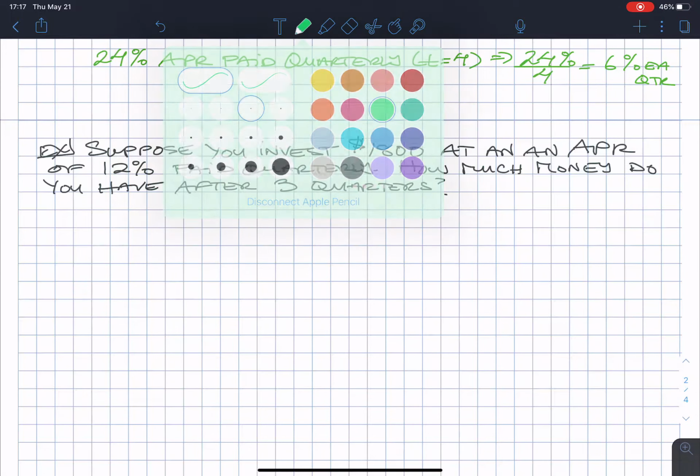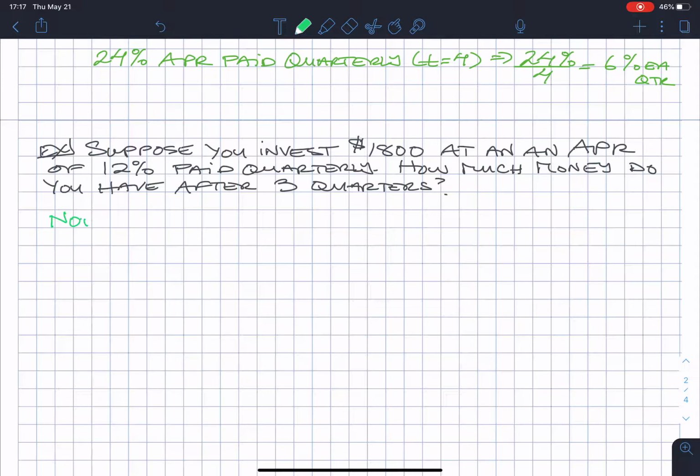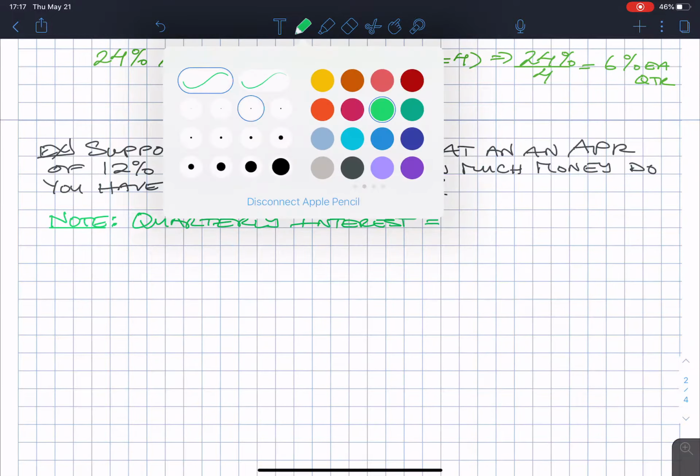Okay, so let's first note the quarterly interest. Well, it's going to be the interest rate R, which is, what do we have for the interest rate? Let's use yellow.